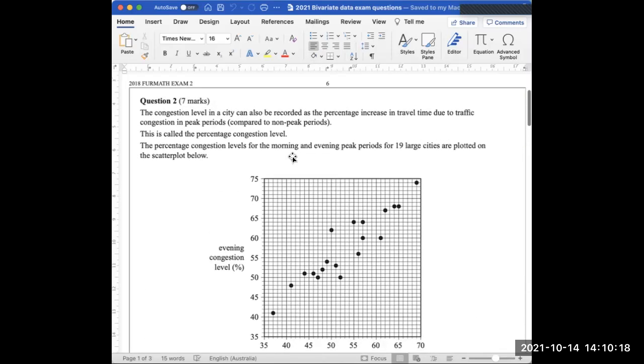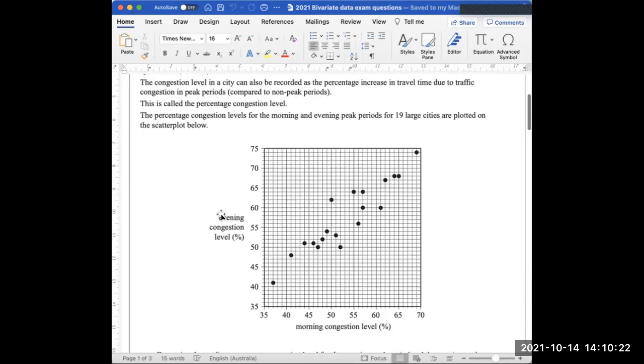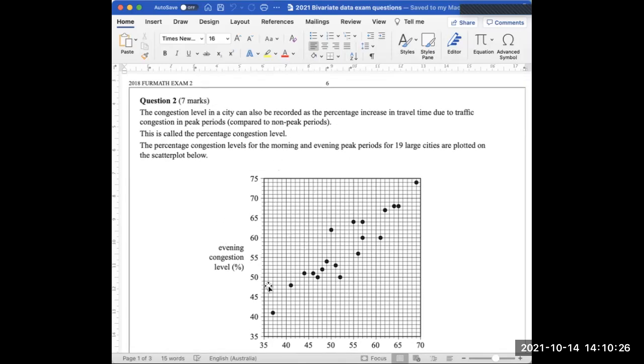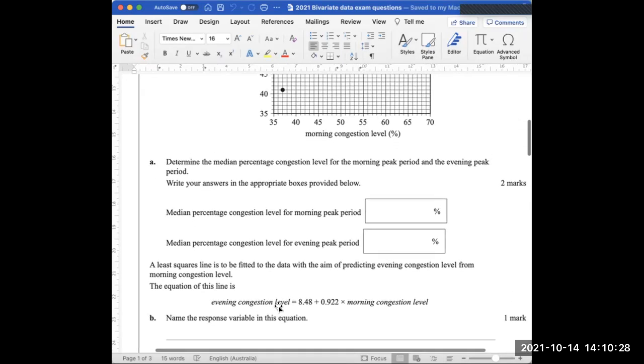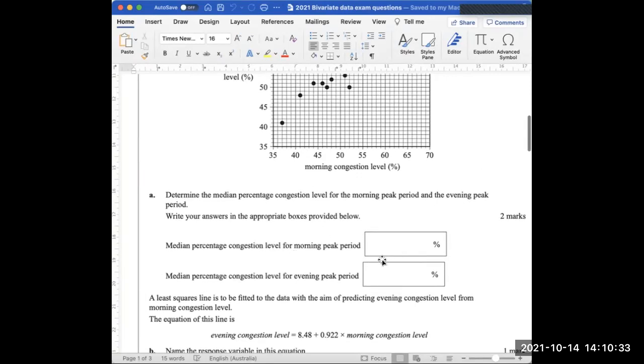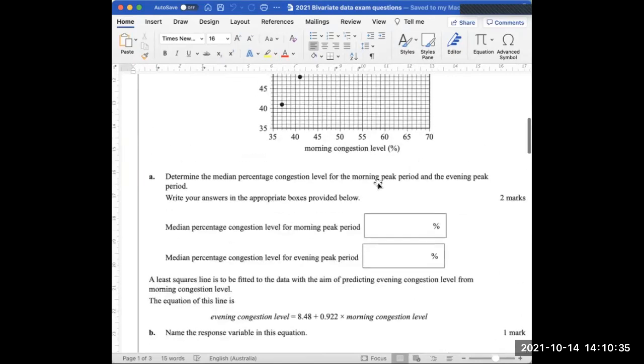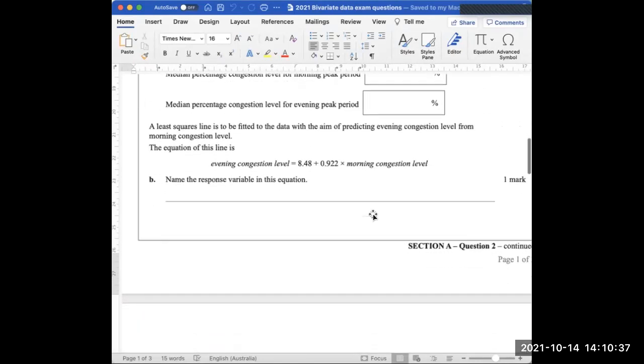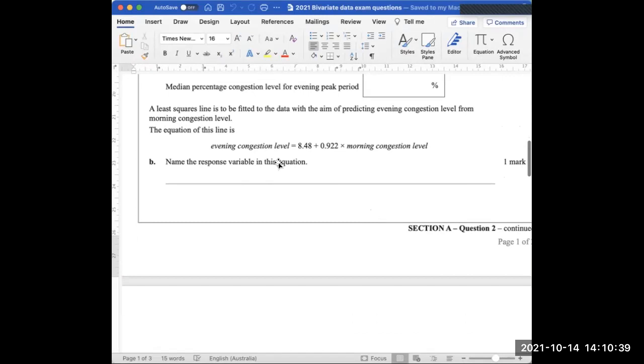See, this is a part of an extended response. This was in 2018, so this was the exam 3 years ago. Notice they give you a graph here. Then they tell you to answer a couple of things, find the median. That's another skill, you can skip that one.